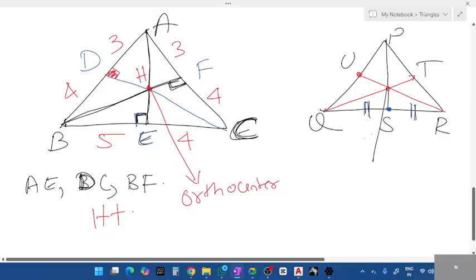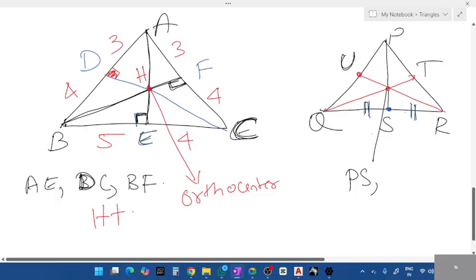Now median. Look at the second diagram and tell me all the medians. What is the first median? P and S is one median. Next. No, PQR.